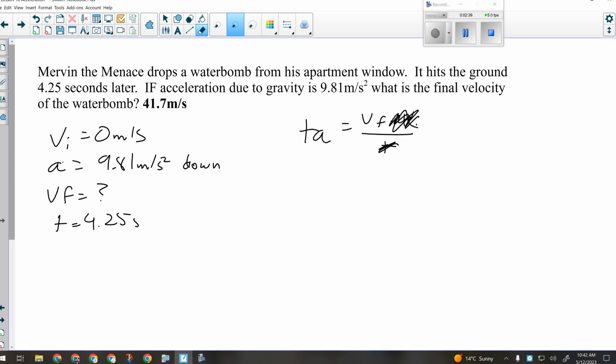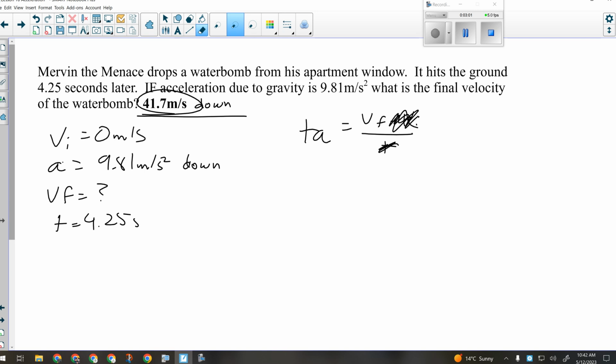I can just go T times A, and I'll have my final velocity because it started from nothing. So that simply means 4.25 times 9.81, which will give us our 41.7 meters per second down, because it asks for the final velocity of the water bomb, and that is a vector quantity, so it should have a direction.